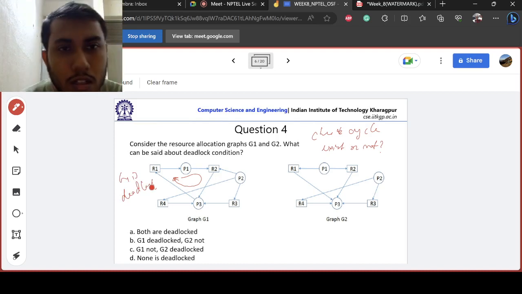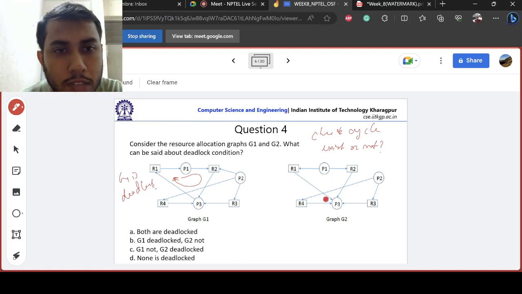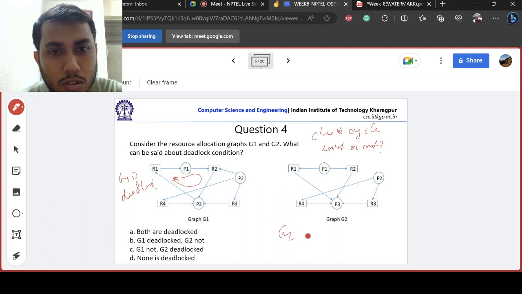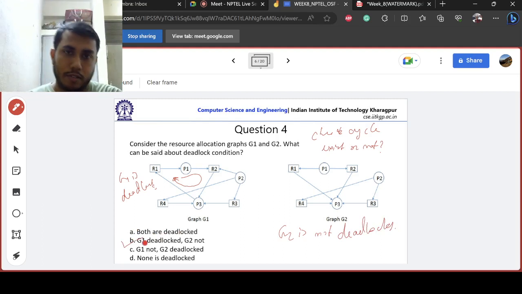But in G2, there is no cycle, so G2 is not deadlocked. So option B is the correct answer.